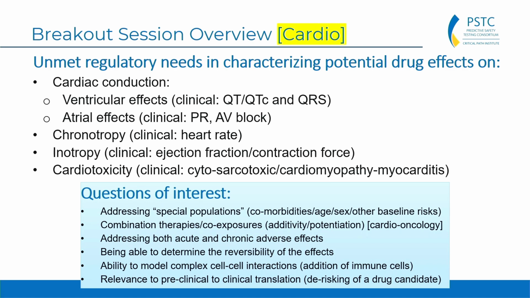And we heard that from Ksenia Blanova today, especially using it to do QT, QTC, QRS, less known as kind of atrial effects, PR prolongation, AV block, just general chronotropy. Can we predict heart rate effects? Inotropy, can we look at both positive and negative inotropy of drug candidates with CIVMs?